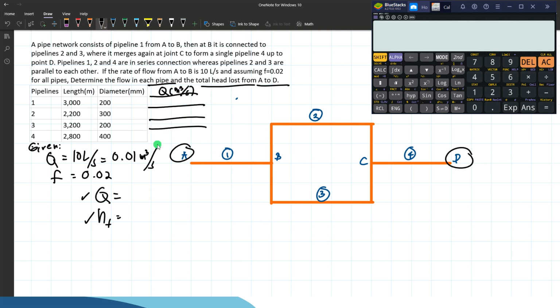we can say that pipe number 1 has a discharge of 10 liters per second or 0.01. It is separated into two pipes, 2 and 3, then merges again in pipe 4.